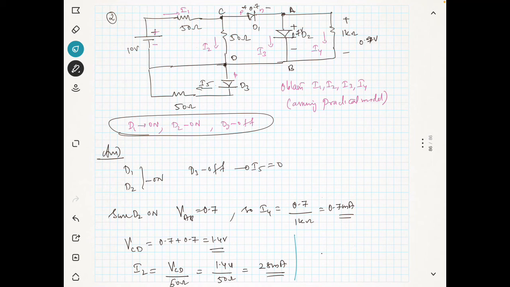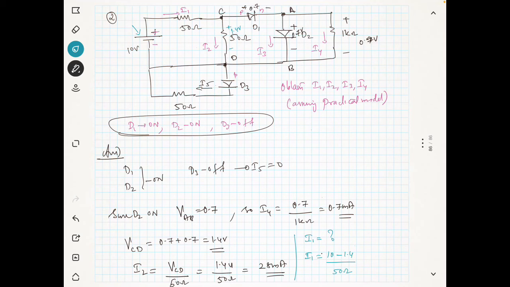You know that this voltage is 1.4 volt. Now how to find I1? I1 will be equal to, you have 10 volt here, so 10 volt minus 1.4 divided by 50 ohms.